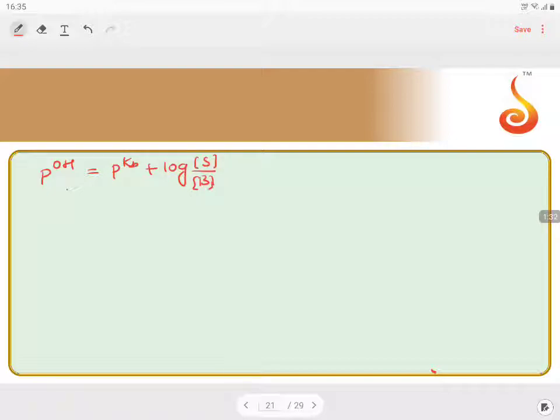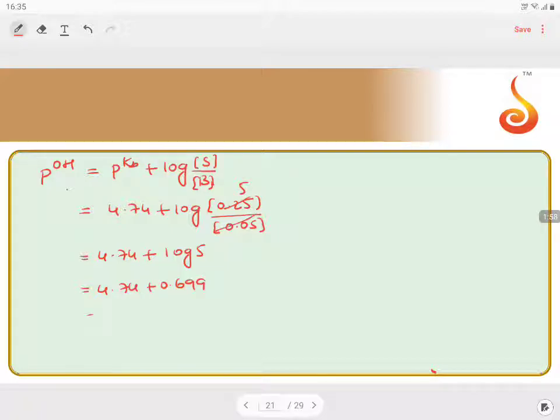Now what is pOH we have to find? pKb is given as 4.74, log of concentration of salt, 0.25 molar, by concentration of base, 0.05 given. So this is 5 times. 4.74 plus log 5, which is 4.74 plus 0.699, which is equal to 5.43.